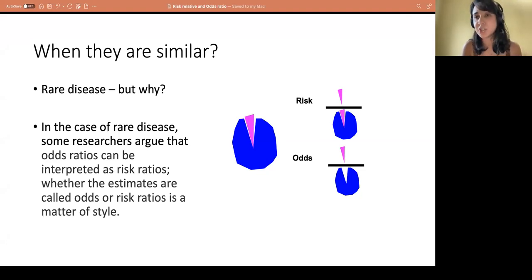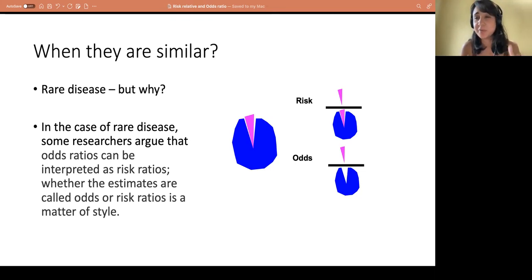And some researchers argue that using the terms of increasing the risk by 84 or 86%, or increasing the odds by 84 or 86%, is a matter of style.